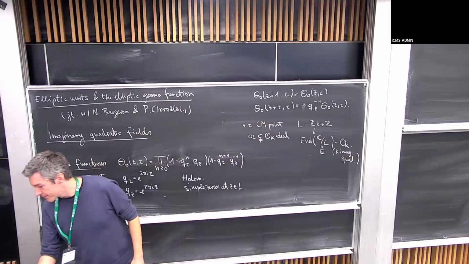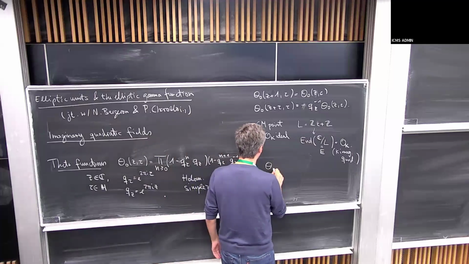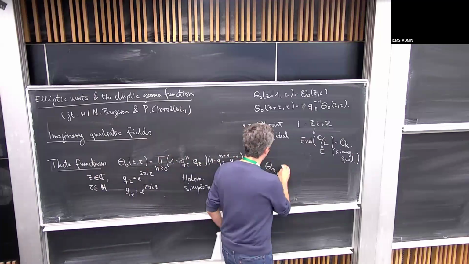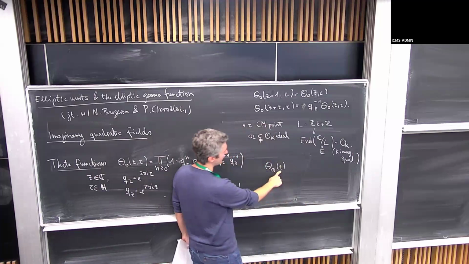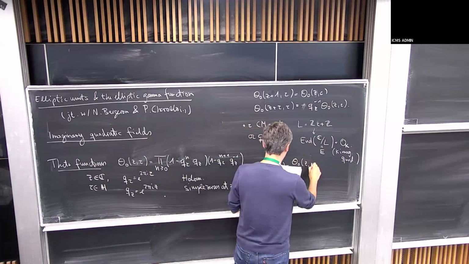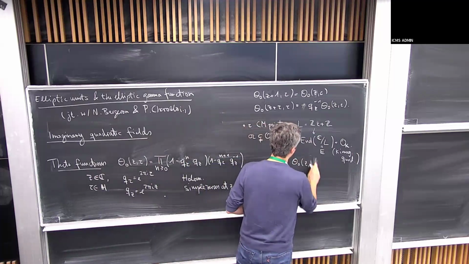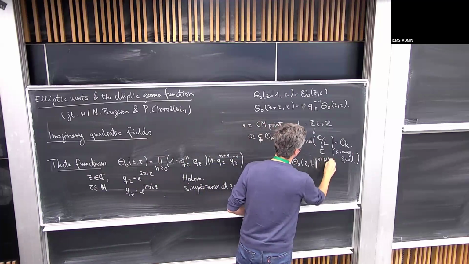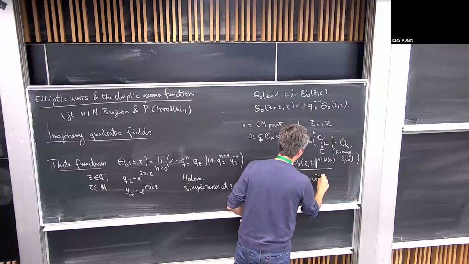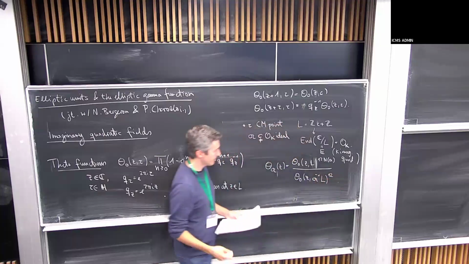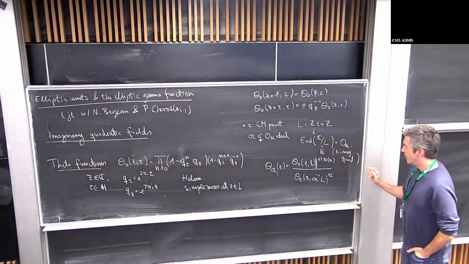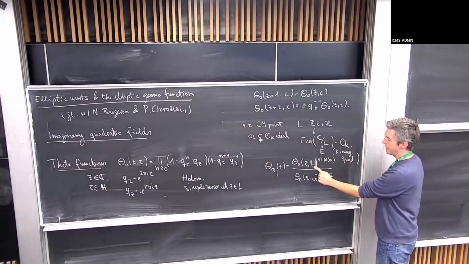Now one considers the following function, which is now a function only of z because I have fixed my tau, and which consists of this quotient, with exponent 12 times the norm of A, and the second theta function taken for the lattice A inverse L. I'm taking a quotient of two theta functions, but they are theta functions for different lattices.